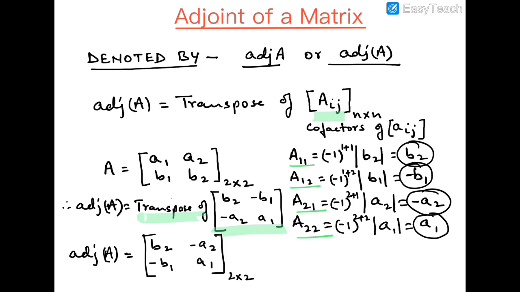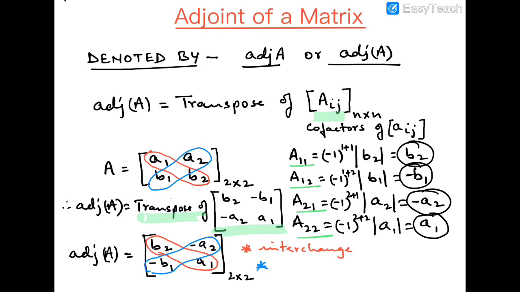So as we can see here, the adjoint of a 2 by 2 matrix is simply interchanging the elements at A11 and A22 and changing the sign of the elements at A12 and A21. So for a 2 by 2 matrix, we can find adjoint A without finding the cofactors. But for 3 by 3, we need to find cofactors for each and every element of that matrix.